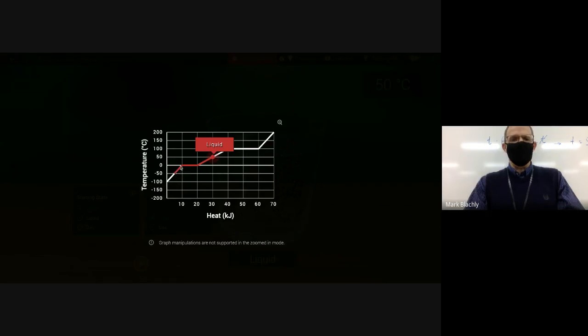So right here, we were adding heat and the temperature was going up. But when it got to 0 degrees, we continued to add heat, but the temperature didn't go up. The temperature stayed the same. It stayed at 0 the whole way. Is that a little hard to see? The temperature stayed at 0. And then when finally all of the ice was melted, now it started getting warmer. The water started warming up.